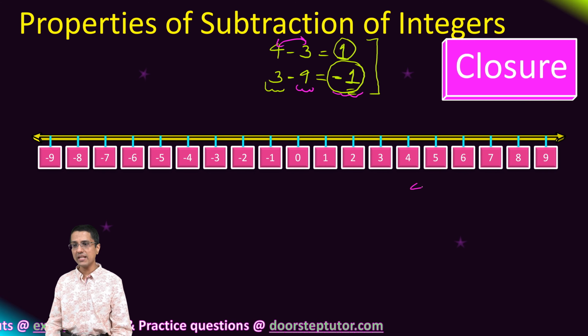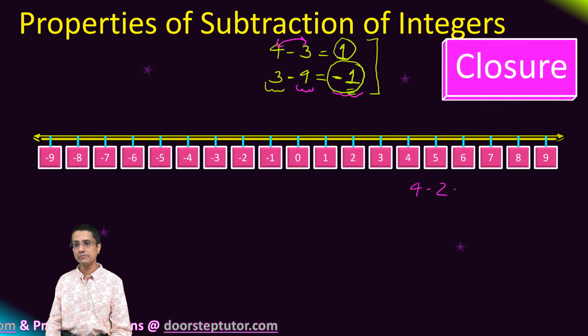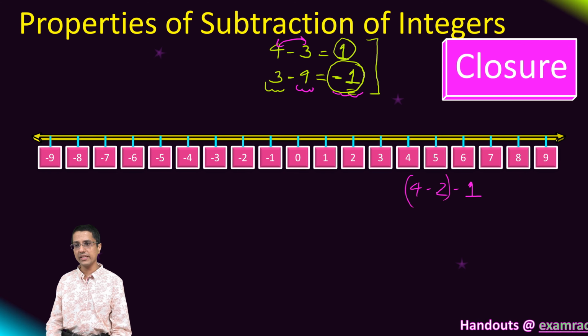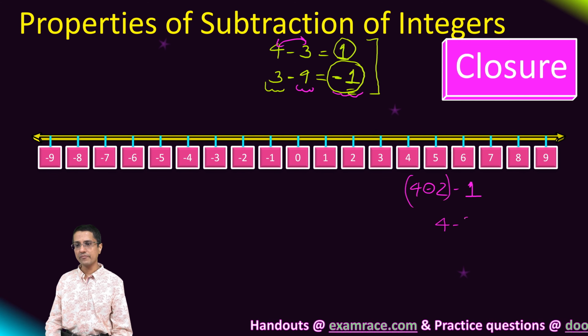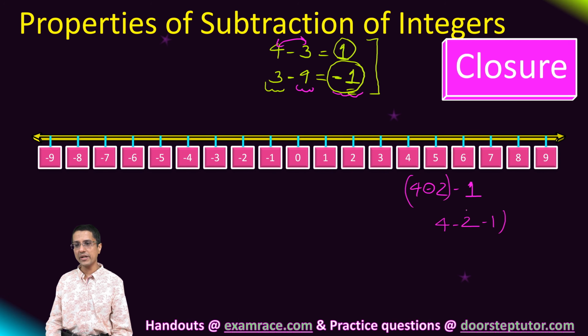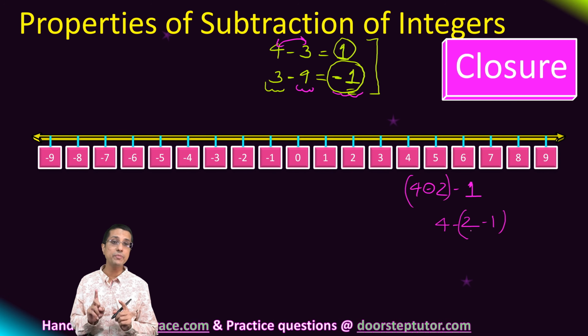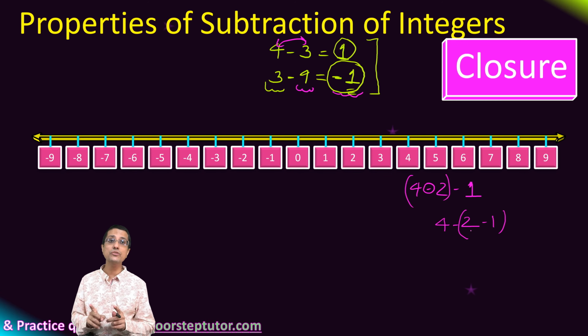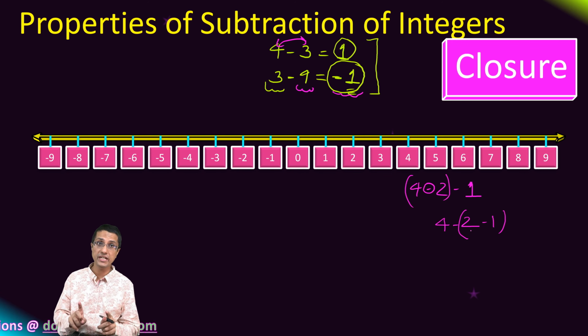For example, if I do 4 minus 2 minus 1, and I associate this 2 with this operator, or associate this 2 with the other operator, my answer in both cases would be different. So subtraction is neither associative nor commutative.